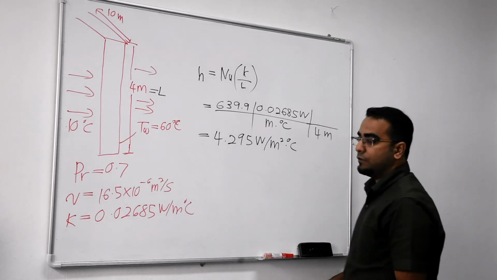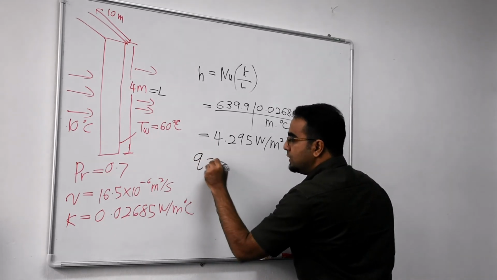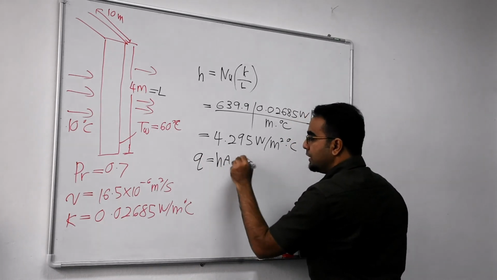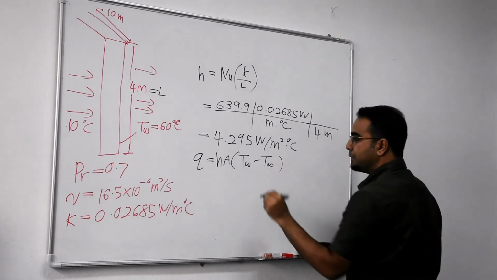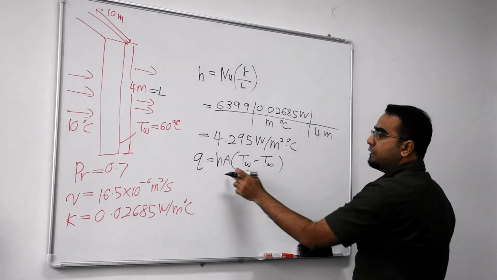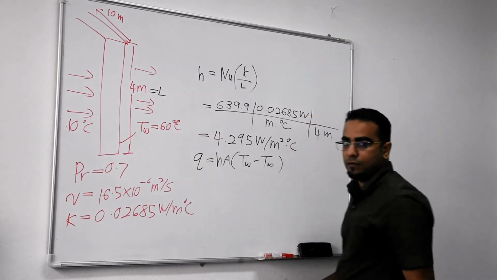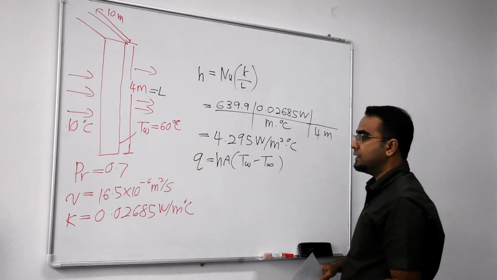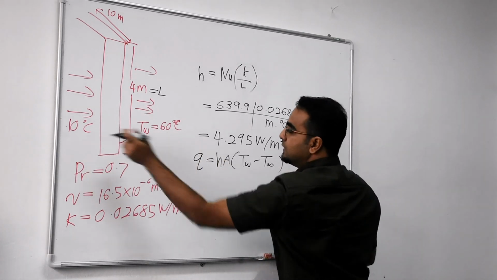And then to find the value of heat transfer, Q is equal to h A (T wall minus T infinity). You know the value of h, and you can easily find the value of A. A is just 4 times 10, that is the area of heat transfer. T wall minus T infinity is 60 minus 10.